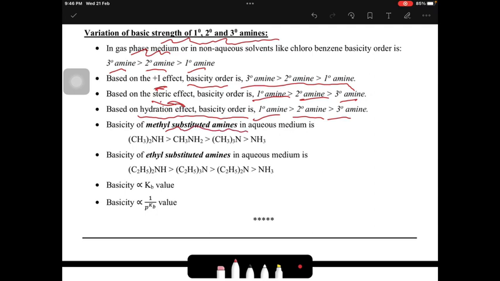Methyl substituted amines in aqueous solution: secondary is greater than primary is greater than tertiary is greater than ammonia. Ethyl substituted amines in aqueous medium: secondary is greater than tertiary is greater than primary.